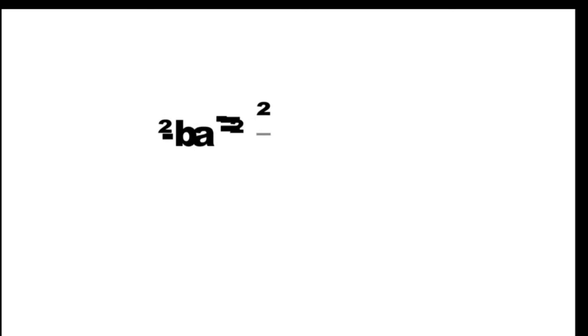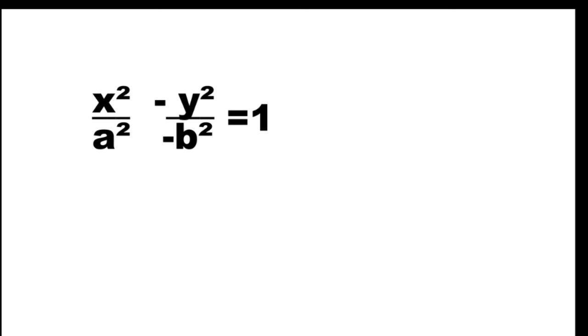So substitute this to c squared minus a squared on the second term and cancel the negative sign. So we have x squared over a squared plus y squared over b squared equals 1. This is the equation of an ellipse with the x-axis as major axis, where a is the length from the center to the vertex along the major axis and b the length from the center to the vertex on the minor axis.